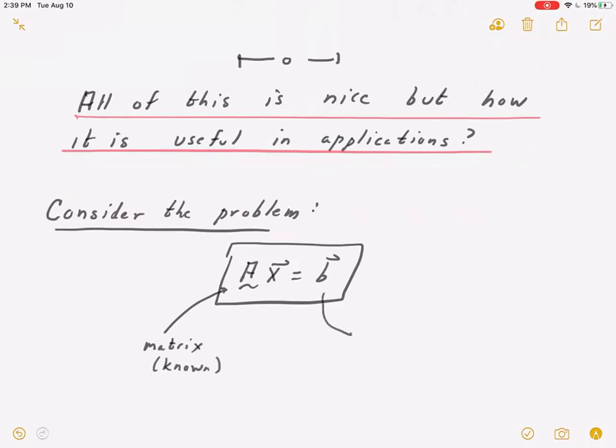You have a constant matrix on the right-hand side, and that's known. And then you have a vector of unknowns. And the task is to solve this problem, to find X.